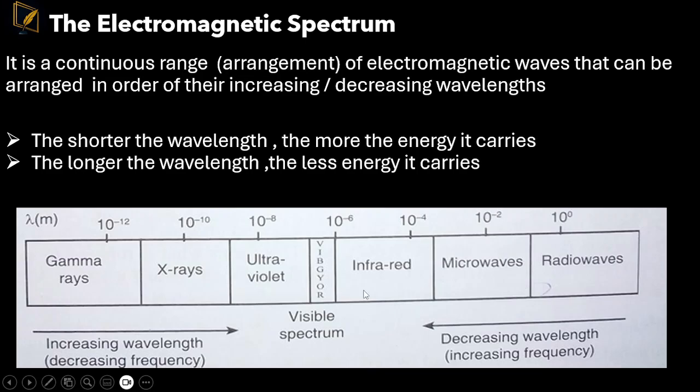If the wavelength is increasing, the frequency is decreasing. If the wavelength is decreasing, the frequency is increasing. This is the full arrangement of the electromagnetic spectrum. The one with the shortest wavelength is the gamma rays, and the one with the longest wavelength is the radio waves.